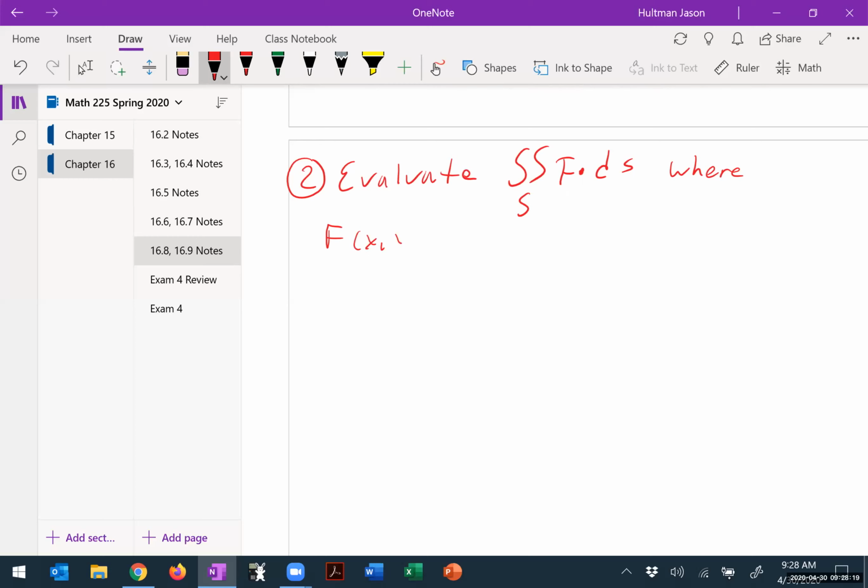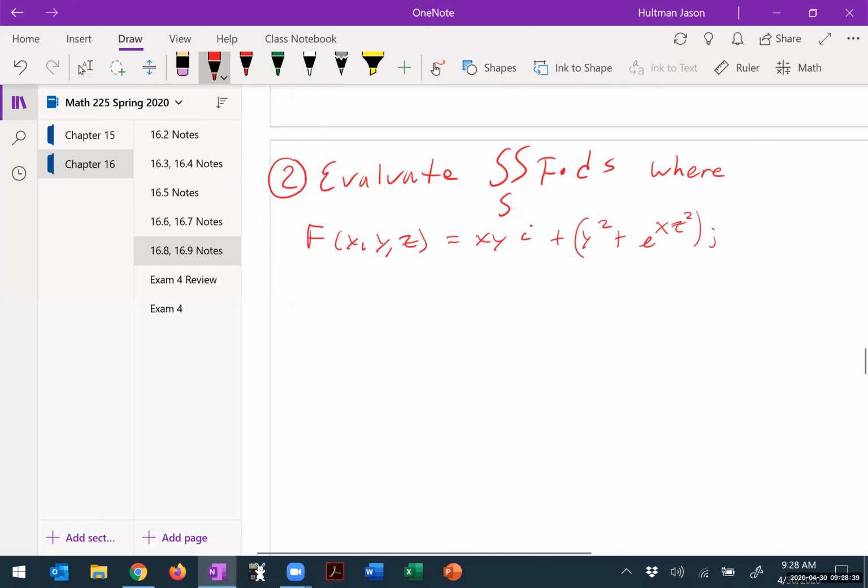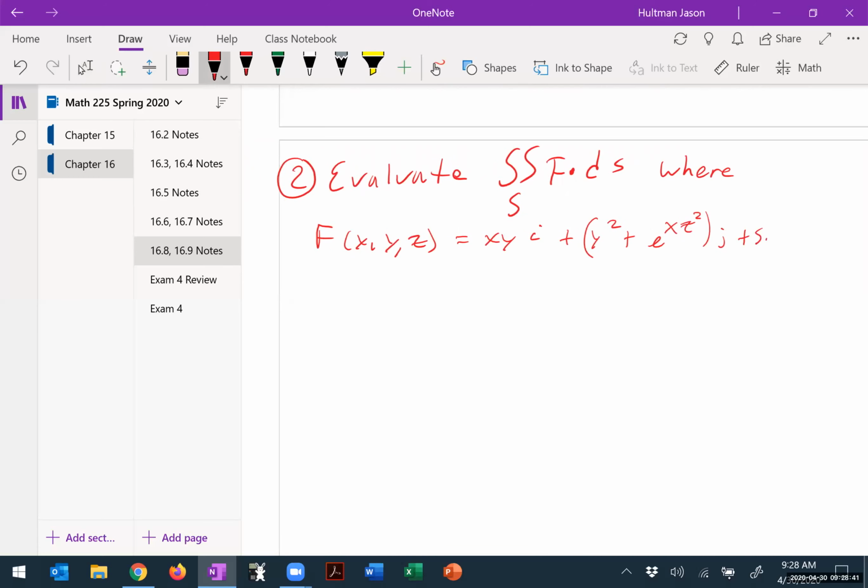F of x, y, z is our force field, our vector field: xy i plus (y squared plus e to the x z squared) j plus sine of xy k.